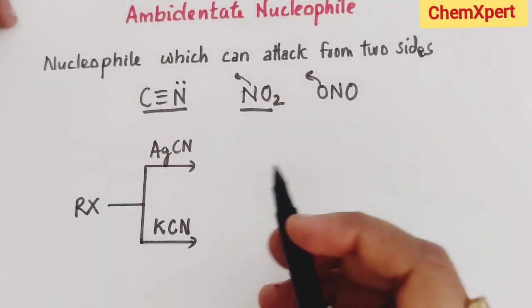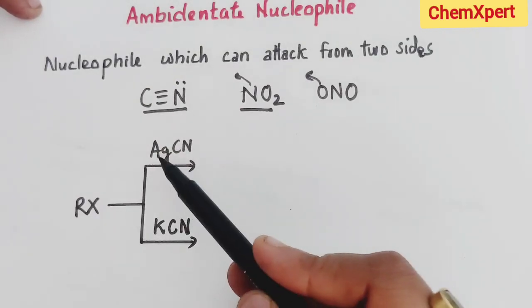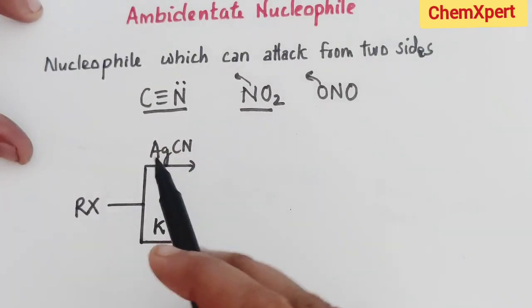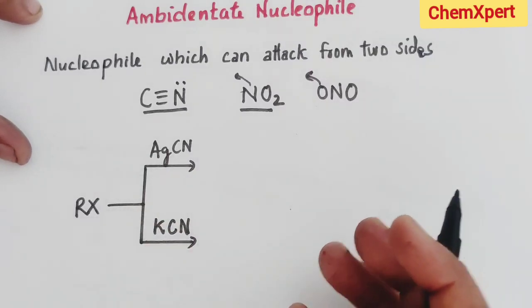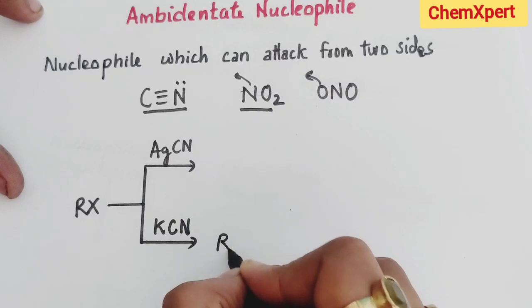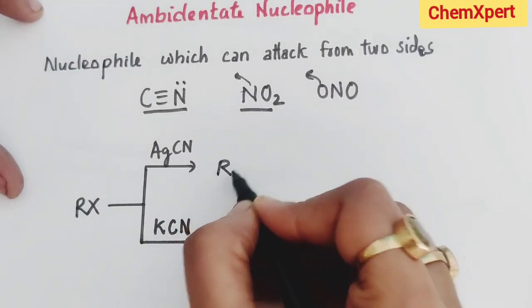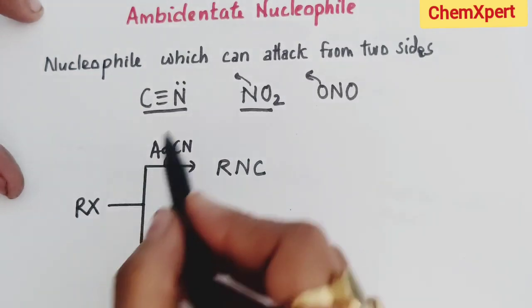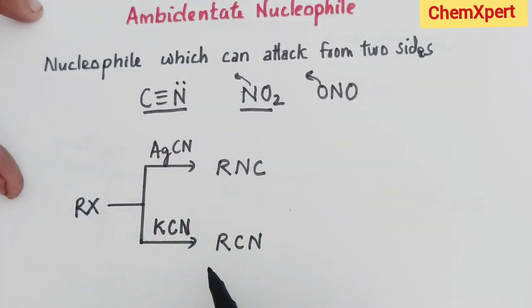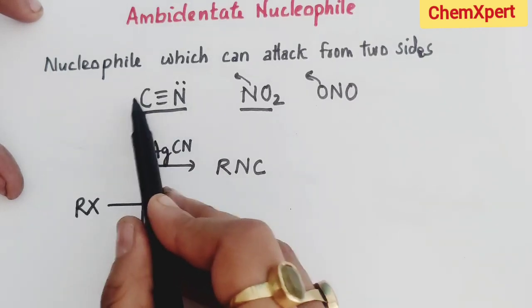Now there is a reaction where this ambidentate nucleophile can attack in these two ways, that is AgCN and KCN. In both cases we get different products. For example, in case of KCN it forms RCN, whereas in case of AgCN it forms RNC. Now the question arises, why does such a reaction take place? One thing is that yes, CN is ambidentate, it can attack from either side.